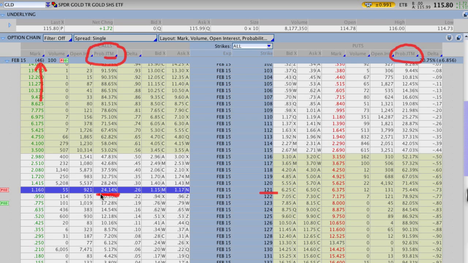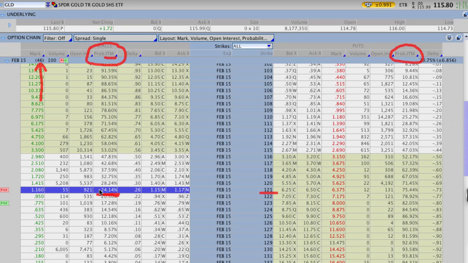So what that means is that we've got almost a 75% chance that that doesn't happen, right? If there's a 100% chance that gold trades between 0 and infinity and a 24% chance that it trades above 121, then there's a 75% chance that it trades below that price point.